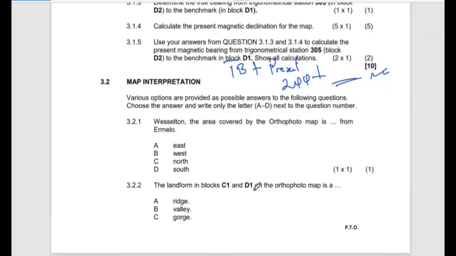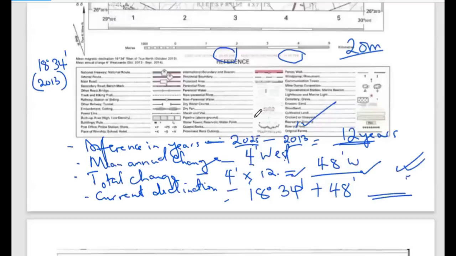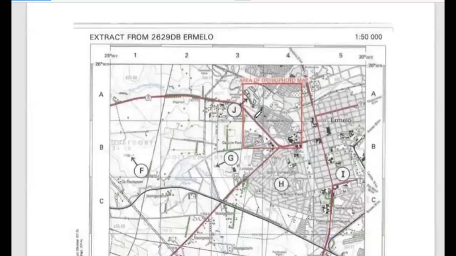Then, the area covered by the orthophoto map is dash from MLO. The area covered by the orthophoto map, you can figure it out on the topographic map here. This red block is representing the area marked by red, that red square or rectangle is the one that is mapped on the orthophoto map.